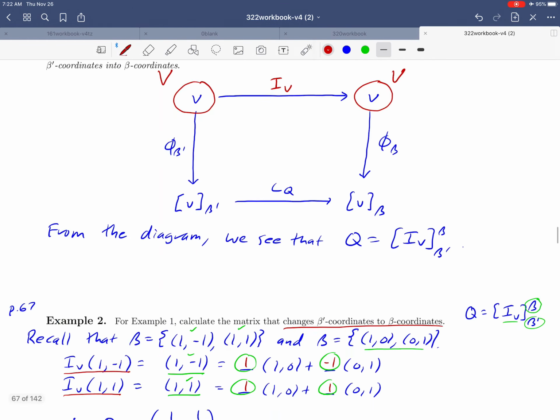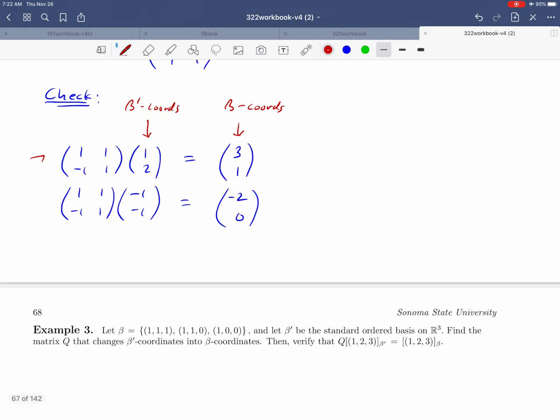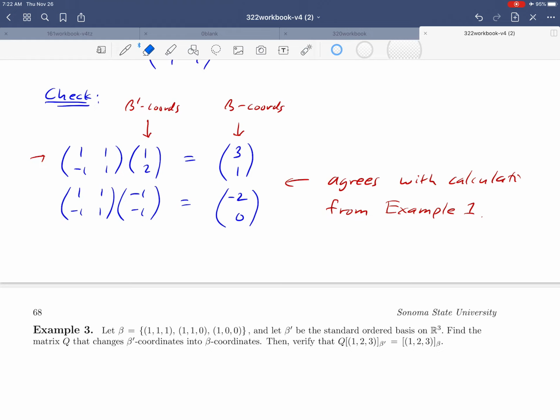So we could look at the two calculations that we just did and make the comment that this agrees with our calculations from example 1. Really all that this matrix is doing is just kind of a gateway. It's taking us from one set of coordinates to another set of coordinates.